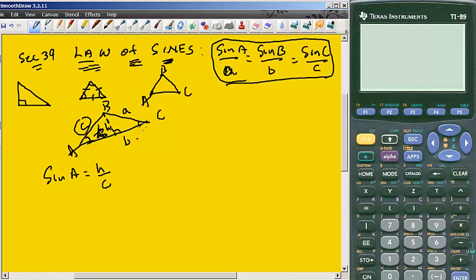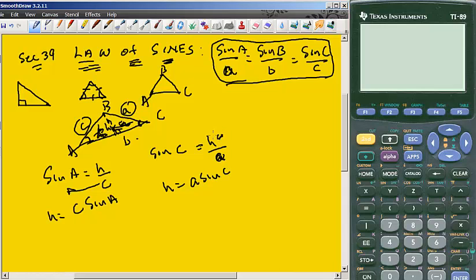We also know that sine of angle C is opposite, which is also the same height, over hypotenuse, which in this triangle is A. If you solve for H in both of these, H is equal to C times sine of angle A, and H is equal to A times sine of C. Since this H is the same H right there, we can set these two things equal to each other.